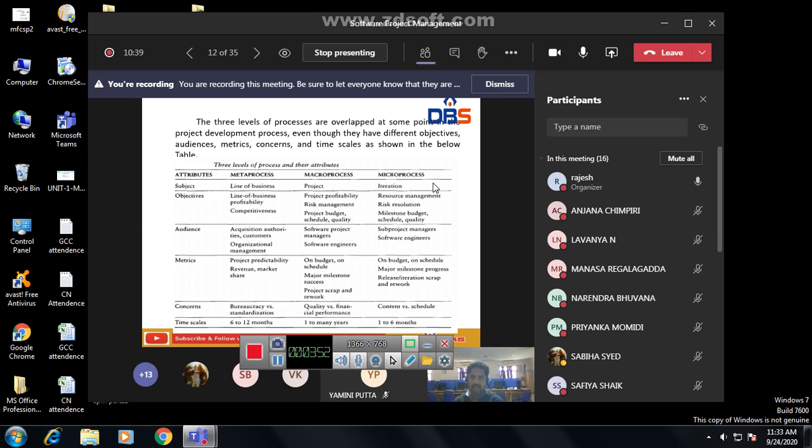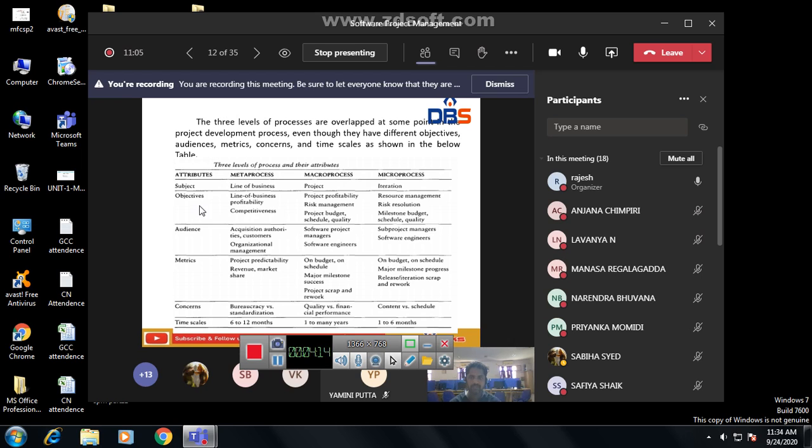See, in the three levels of process we have different types of attributes available: subject, objective, audience, metrics, concerns and time scales. For the subject, the meta process is the line of business, the macro process is the project, and the micro process is the iteration.